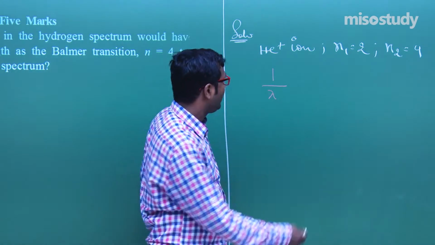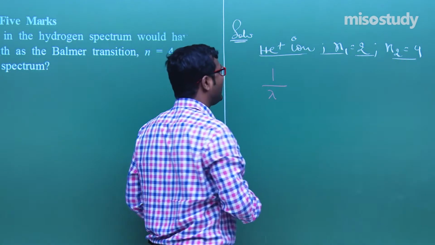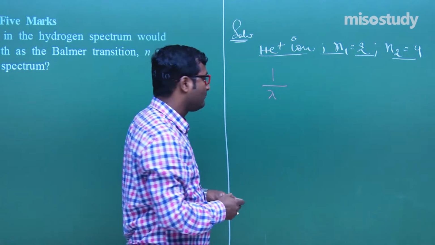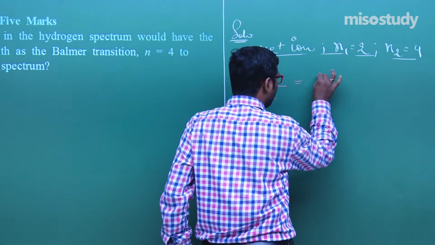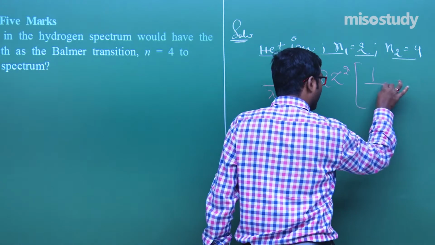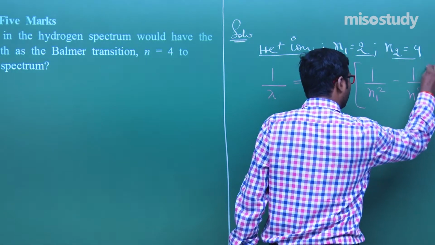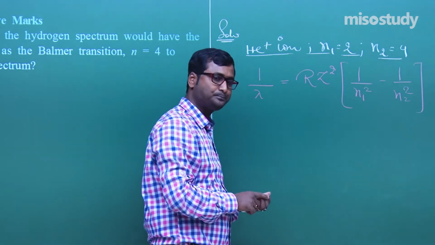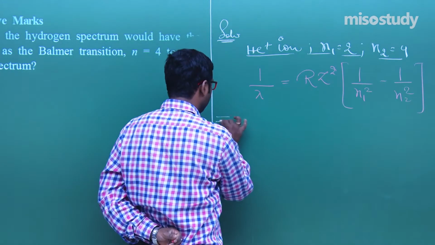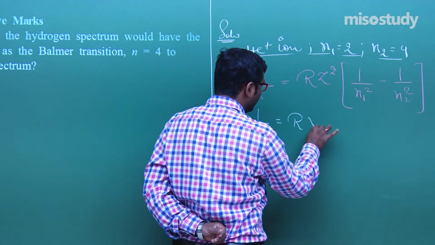Clear? First of all, according to the question, for helium plus ion we have to find 1 upon lambda, the wavelength. 1 upon lambda is equal to, as we know, RZ square into 1 upon n1 square minus 1 upon n2 square. Am I right? Yes, sir. Now put here 1 upon lambda is equal to R. What is the value of Z?